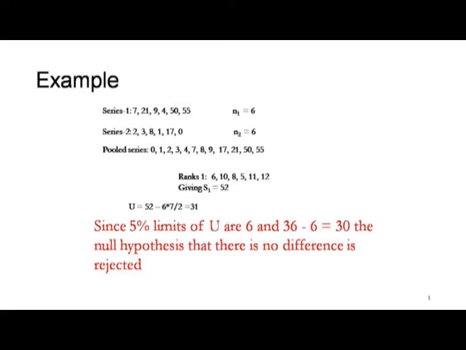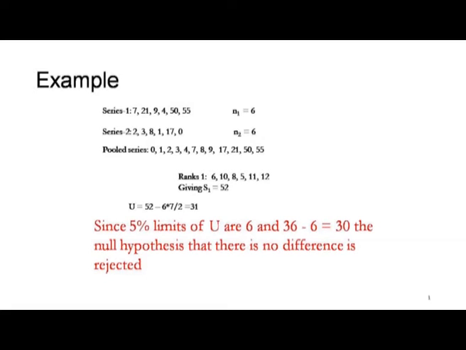According to the Mann-Whitney test, we combine the two series, we pool the data, and then find out the ranks of all these values in the pooled data. Pooled data are arranged either in ascending or descending order, and ranks of each value are obtained.